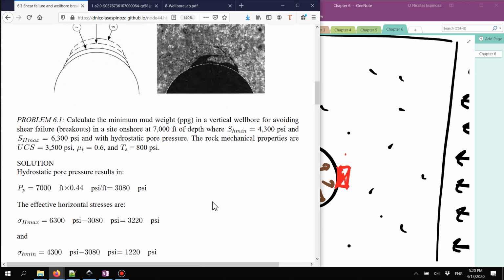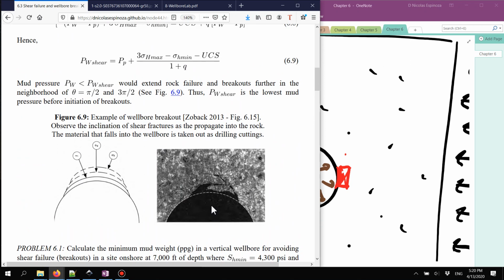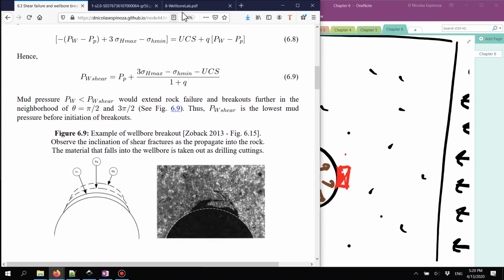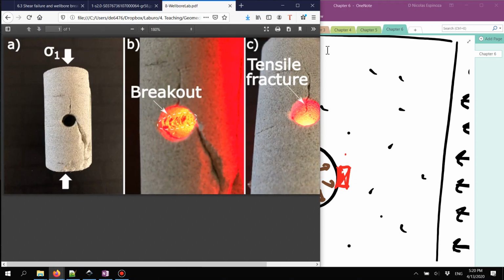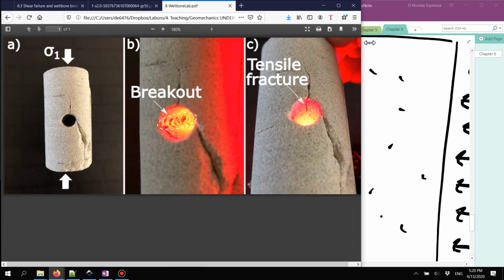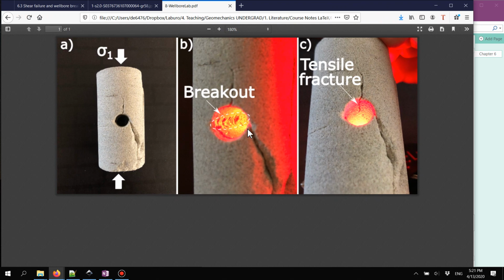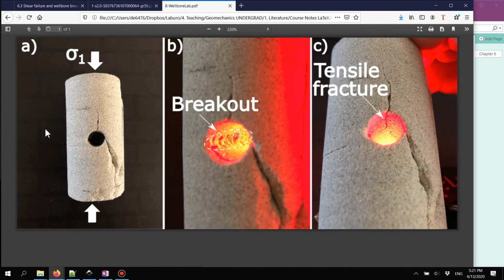I have another image which is very useful to see how these breakouts look, and this is an example that we do in the laboratory. In the laboratory, we can utilize a cylindrical specimen like this one that we load, in this case, in the vertical direction, and in which we have a cavity that simulates a wellbore.